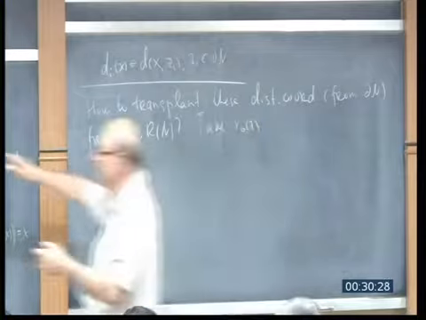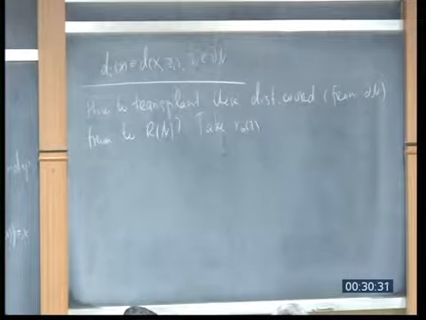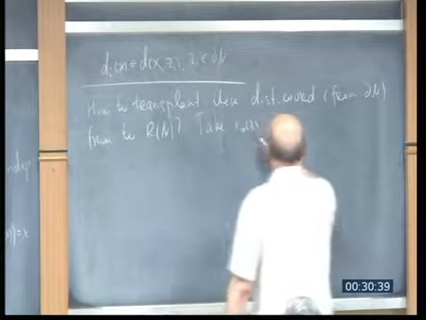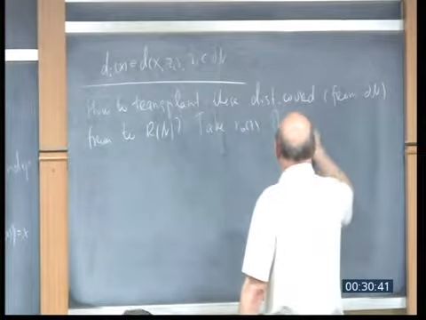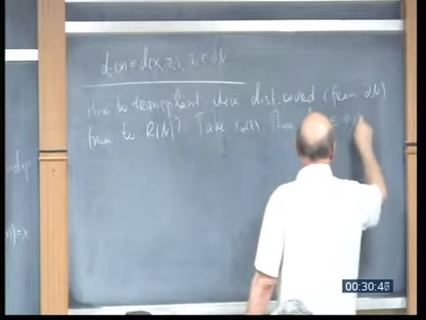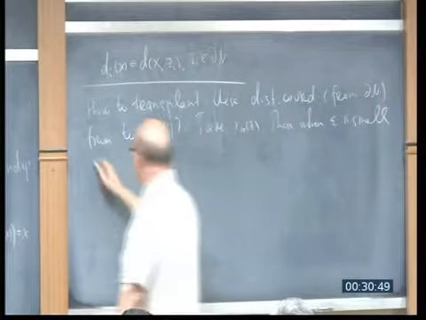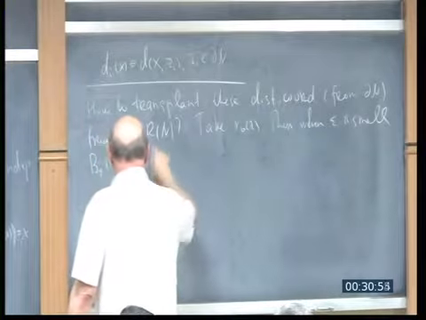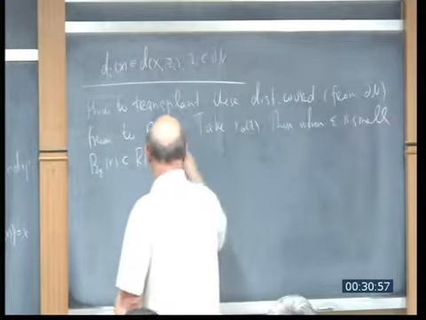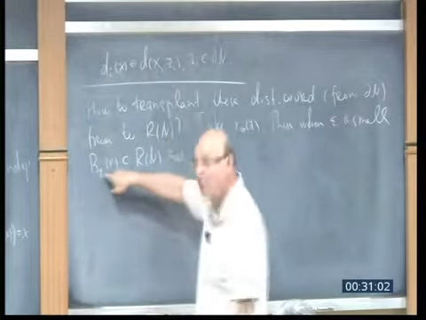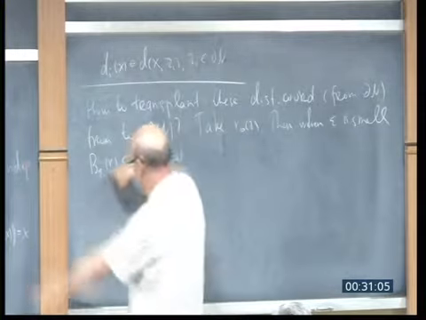If you don't know x0, you just pick any r0 from Rn, and it corresponds to some unique point x0. Then when epsilon is small, the ball B epsilon of r0 in Rn is a ball of radius epsilon, because it's a metric space, centered at r0.